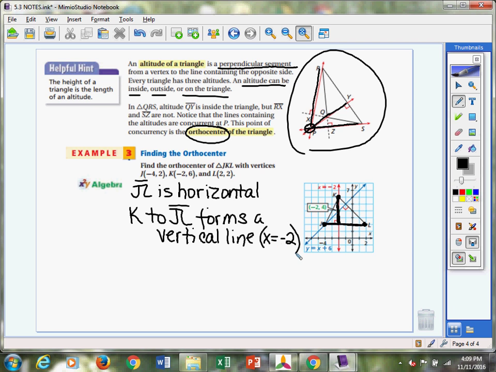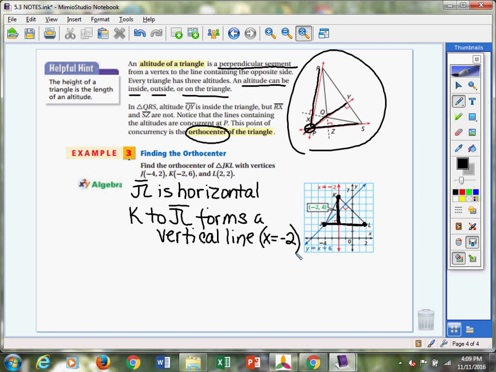So remember, vertical lines always start with x equals. Horizontal lines always start with y equals. So this vertical line's crossing through -2 on the x. All right, that's really helpful. We just need one other altitude, and then I think we've got it figured out.